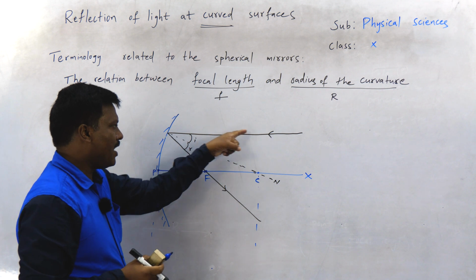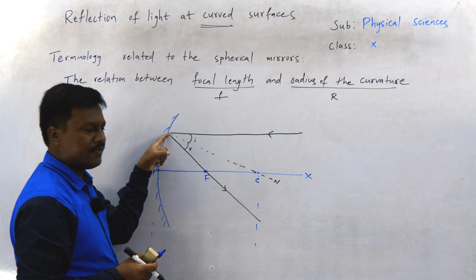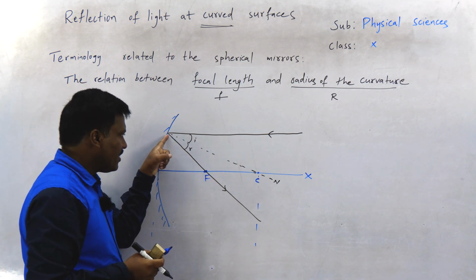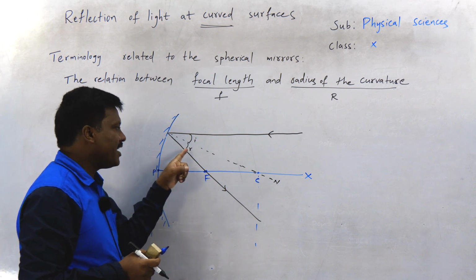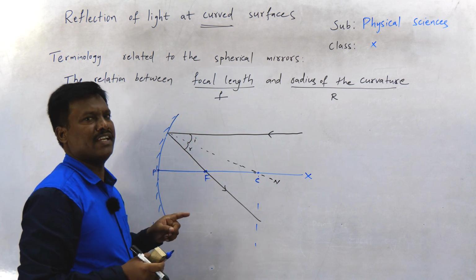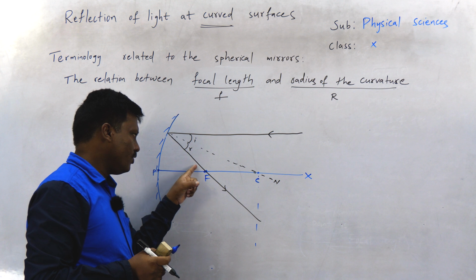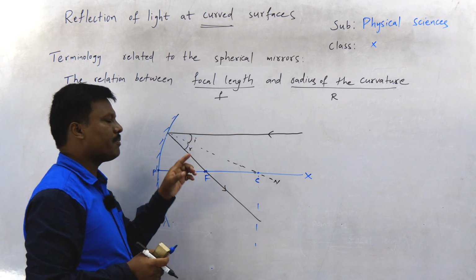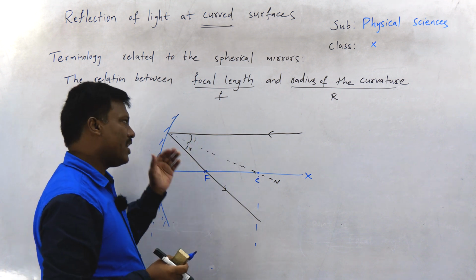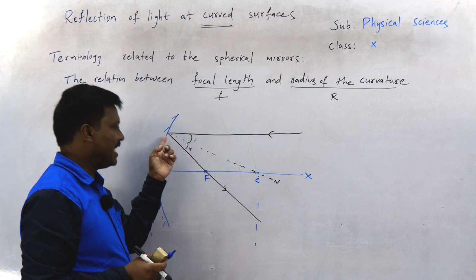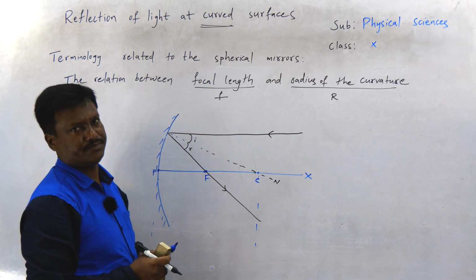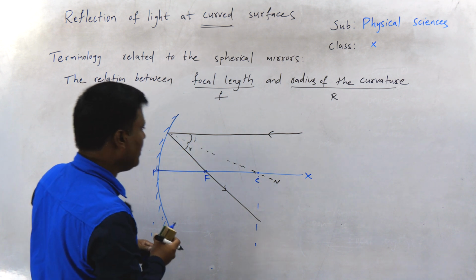Whenever a ray passes parallel to the principal axis, after reflection it passes through focus, because at that particular point only the angle of reflection becomes equal to the angle of incidence. If it passes through focus, then only this i and r become equal. So light always obeys this rule, angle of incidence is equal to angle of reflection. That is why it passes through focus. I hope you understand. Okay.